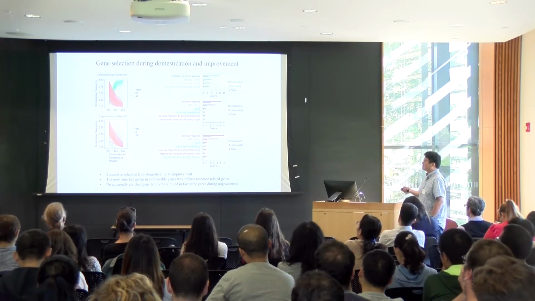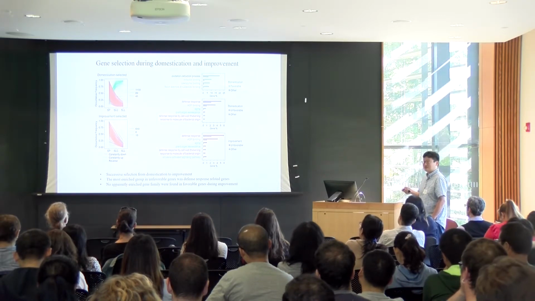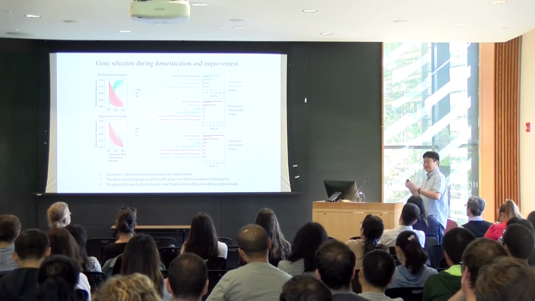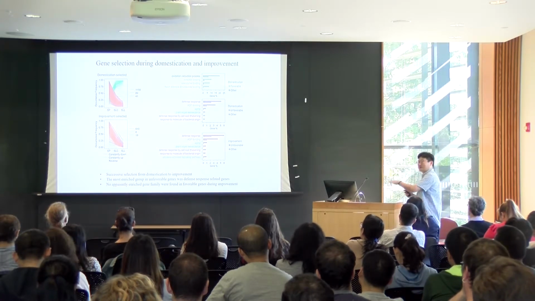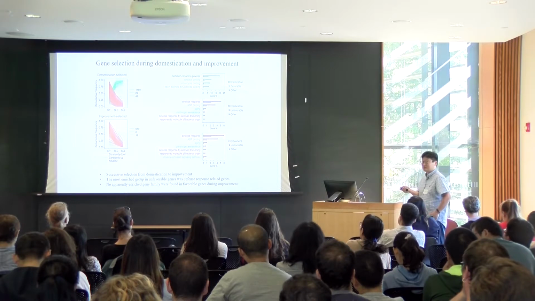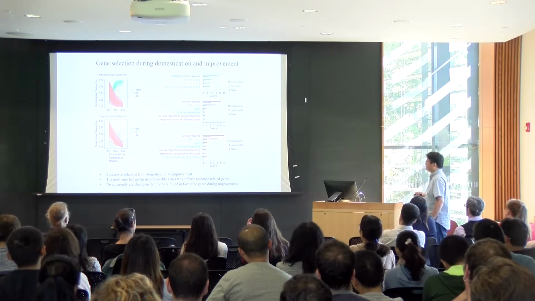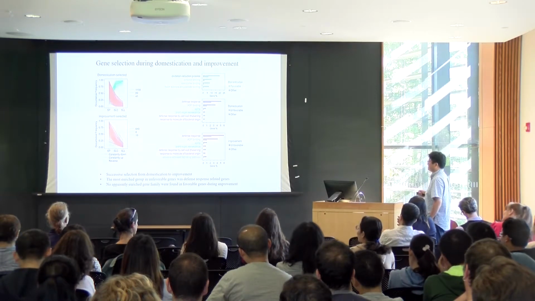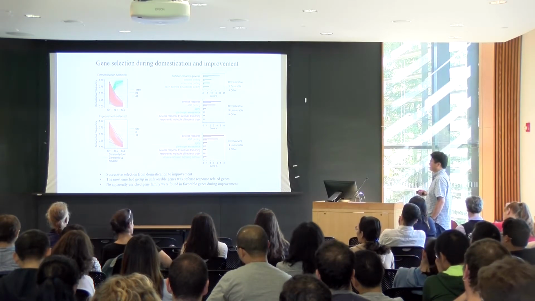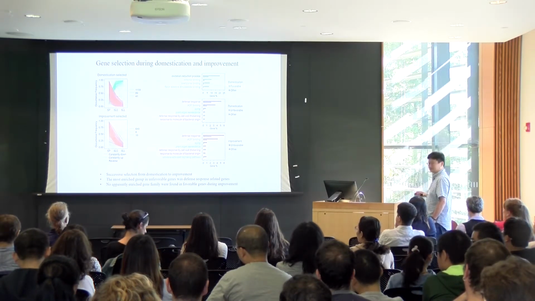Only 41 out of these 1,300 genes showed a different pattern, increased in one stage and decreased in the other. More than 90% of them showed a continuous pattern, for both domestication-related genes and improvement-associated genes.